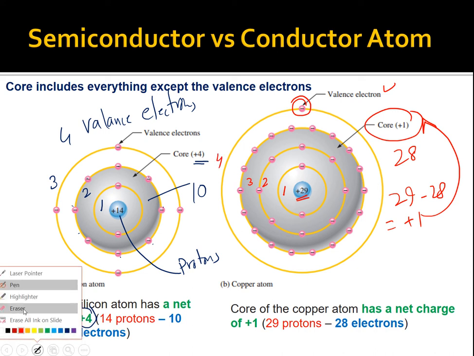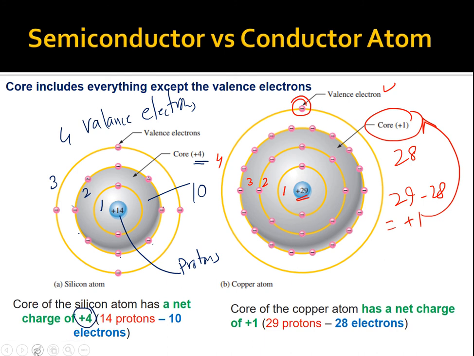So the first thing is that in semiconductor materials the net core charge is +4, while here the net core charge is +1. So the +4 core charge is stronger compared to the +1 core charge. It means electrons here have stronger bonding compared to the electrons here. Number two, here we have only three shells, 1, 2 and 3.